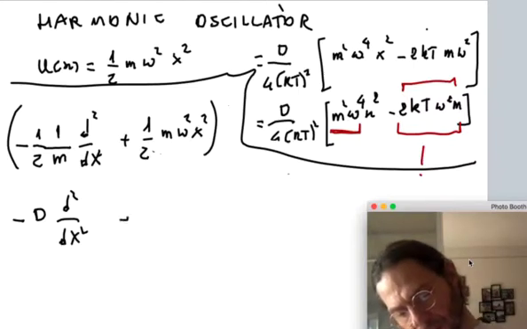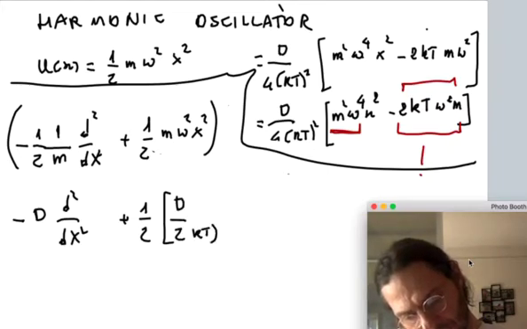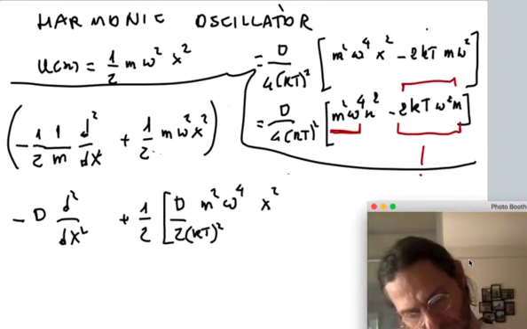And then instead of having these proportions, we have a term which contains the following. Let me dig out the factor 1/2. And then I would have one half kT squared m squared omega fourth, times x squared, minus 2kT omega squared m.